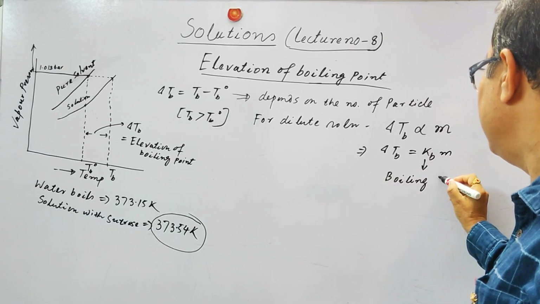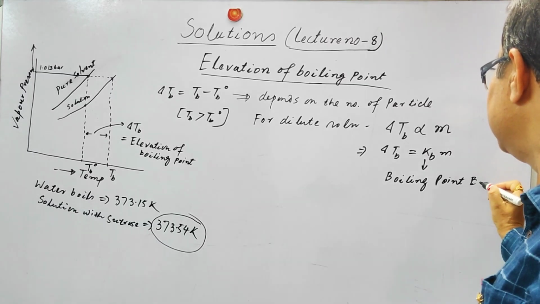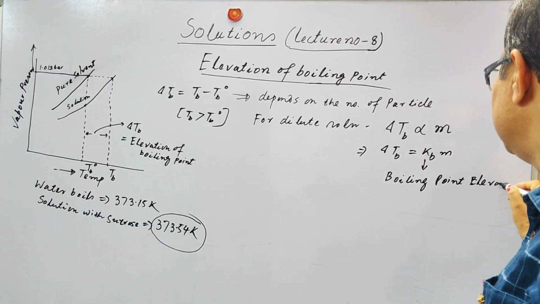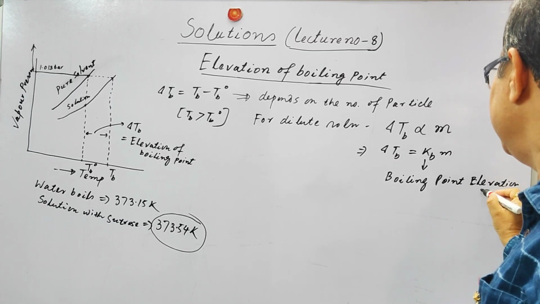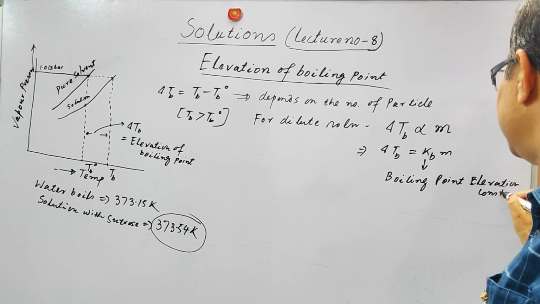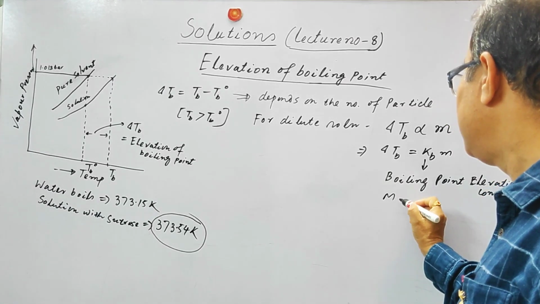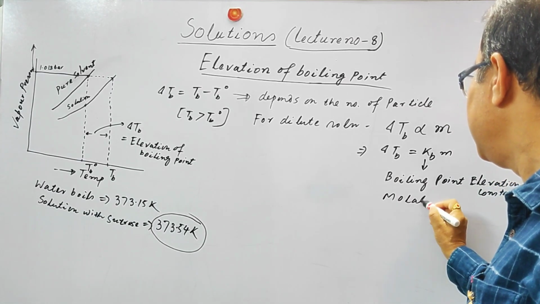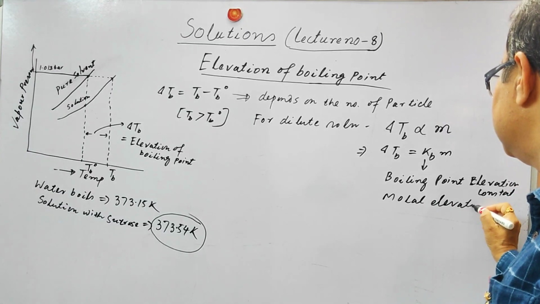It is called boiling point elevation constant. Number 2, this is also called molar elevation constant.